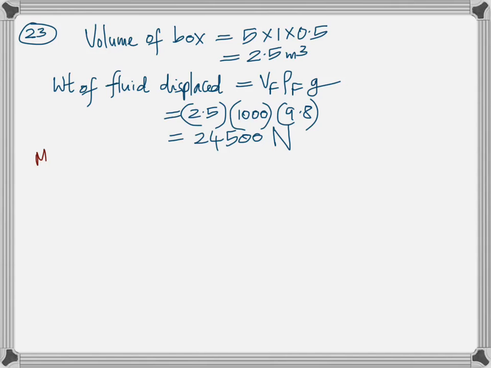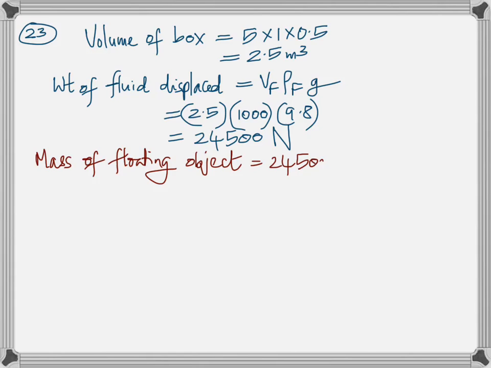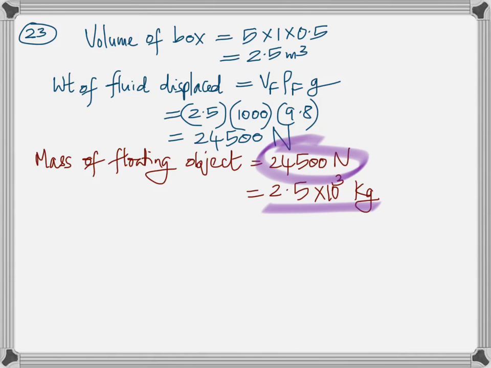I just wanted you to remember that formula like that. So I got it in newtons, but since they're asking for mass, I got to divide that by 9.8. So the mass of the floating object can only be that much, which is 2.5 times 10 to the 3 kilogram, because I divided that by 9.8. Divide 24,500 by 9.8, I would get this answer.